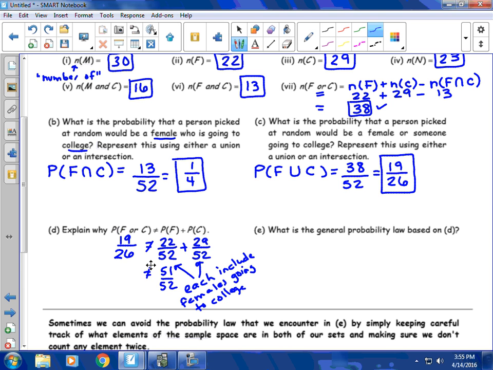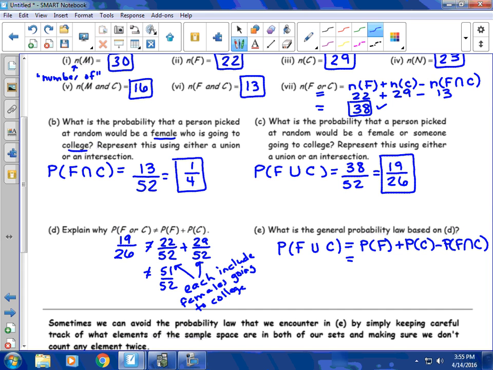So this general probability law, again, is that we should have done the probability of females or college is equal to the probability of females plus the probability of college minus the probability of females and went to college.